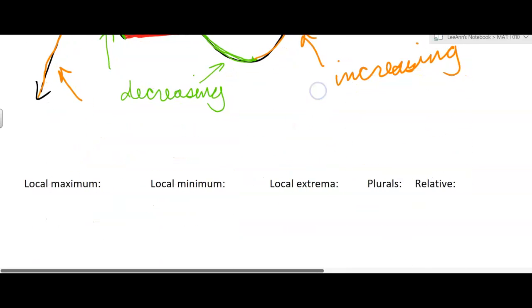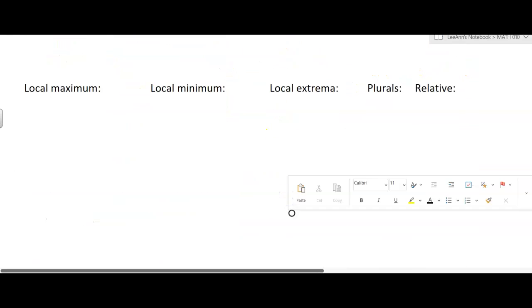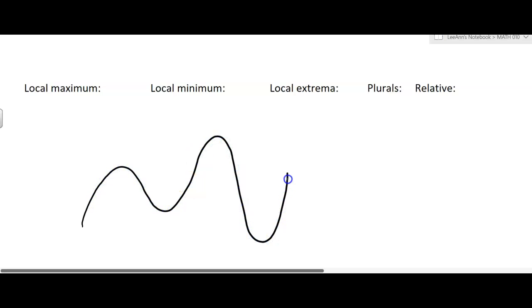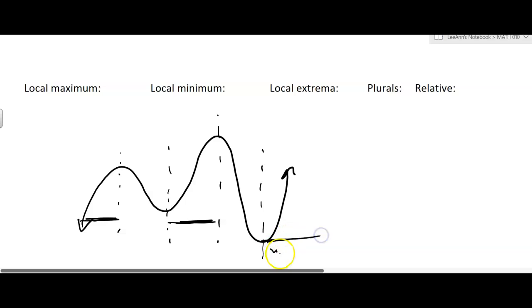Okay. So with that comes some terminology. Let's say I draw another one. Okay, a function like that. Sometimes it's going up, sometimes it's going down. So if we wanted to know where it's increasing, we would say it's increasing in this area, and it's increasing here, and it's increasing over here, from here on.